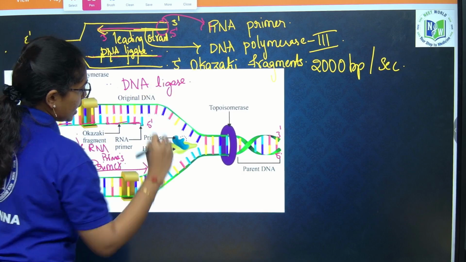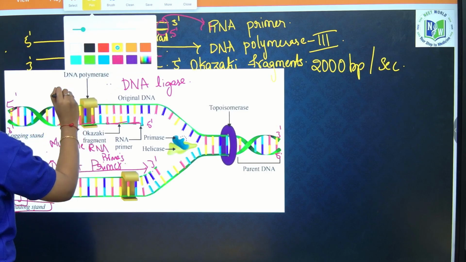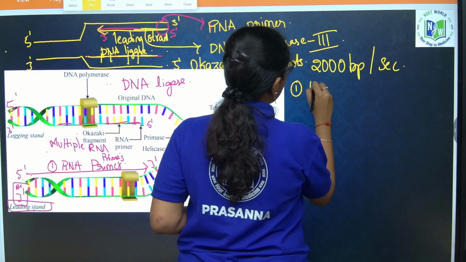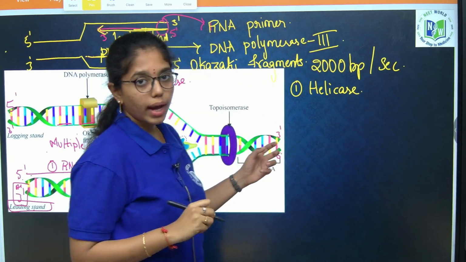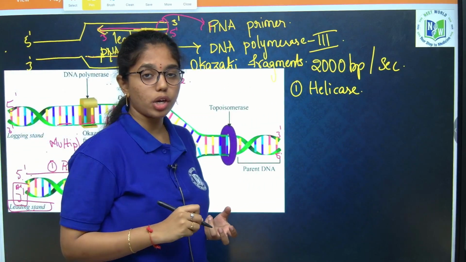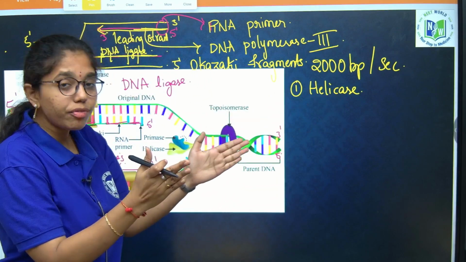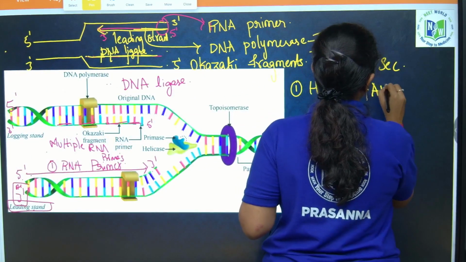So here if you look into all the enzymes which are involved in the replication, the very first enzyme which comes to the picture is helicase. Helicase, identifying the ORI C, and after activation of deoxyribonucleotides, this helicase will do what? They will cleave the double stranded DNA, and the helicase is ATP dependent.